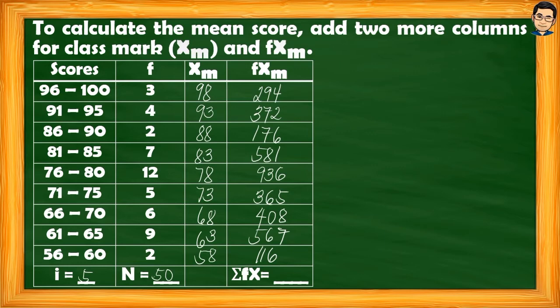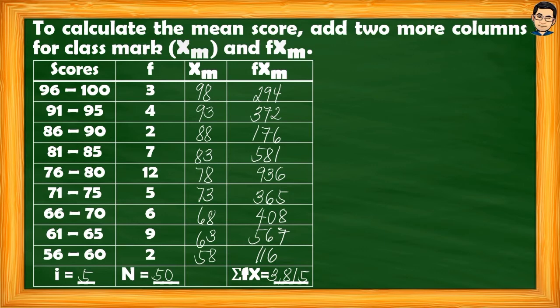So, add lang natin. Okay, so, upon adding the scores, ang summation po is 3,815.